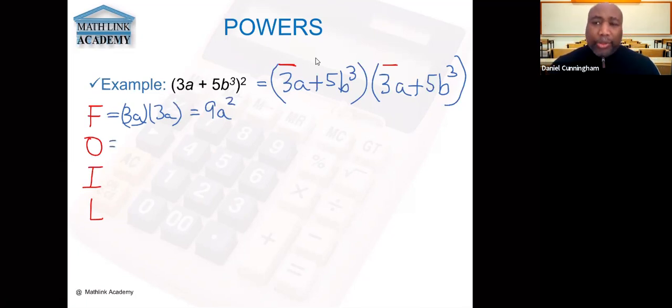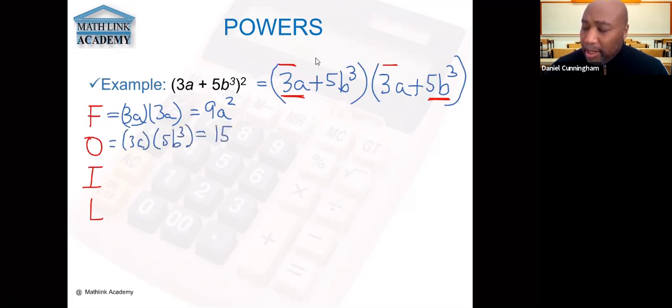Our outer would be the 3a on the outside and the 5b cubed. So we do 3a times 5b cubed. This would equal 15, is that correct? 15ab cubed.